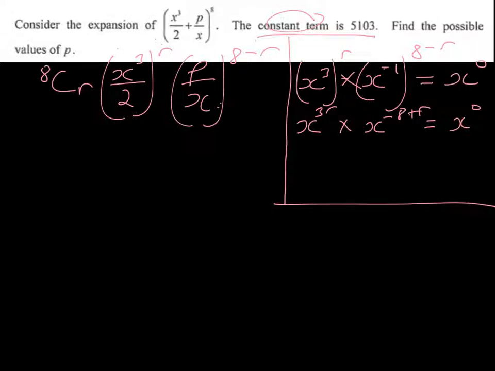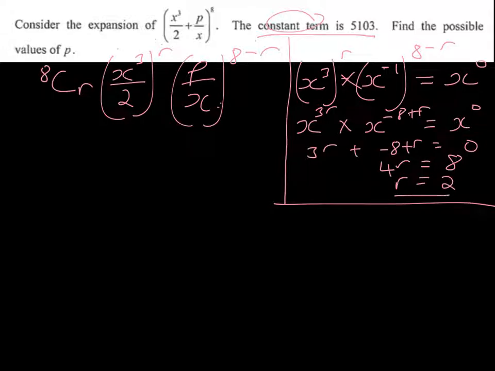So we get 3r plus negative 8 plus r equals 0, just comparing the powers. Tidying up, we can see that 4r equals 8, so therefore r equals 2. There's not actually any marks for this method, and you can just do it by trial and error, but I prefer having a logical method.